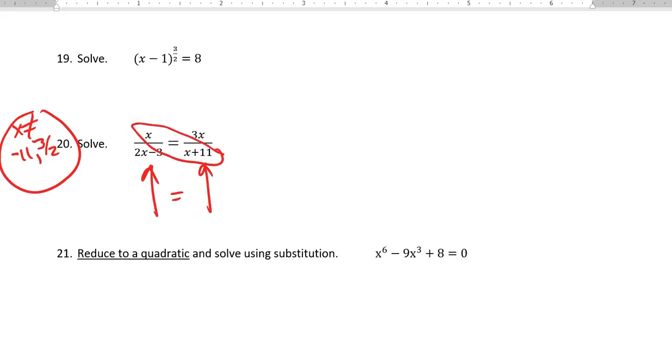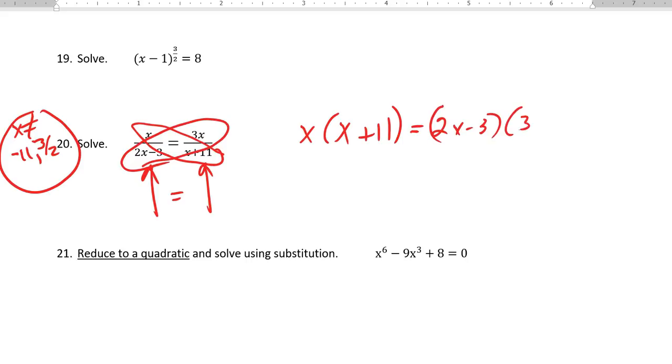And when you cross multiply, you literally say the numerator of the left times the denominator of the right, and then you do the other side. And now I've removed the denominators, and this is much easier to solve.